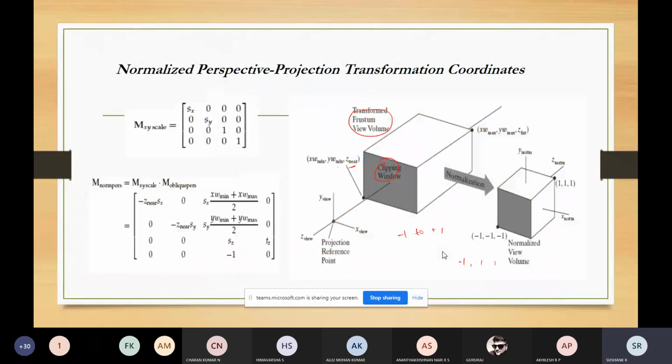So we wanted to determine these transformation parameters with respect to the x-axis and y-axis, and also the center line of this parallelepiped volume was the z view axis.